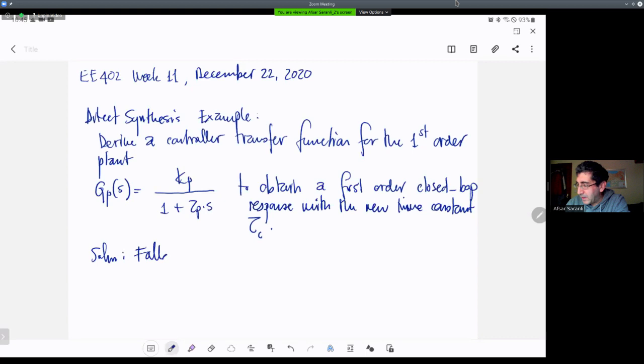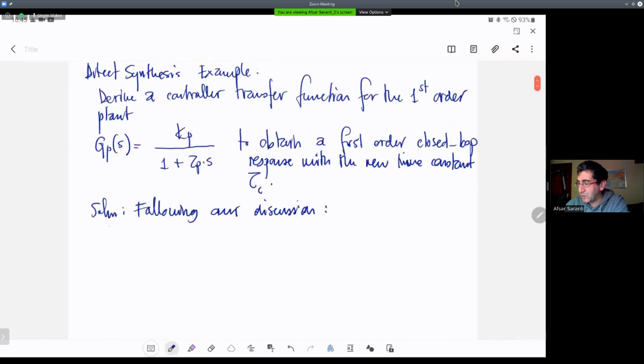Basically, following our discussion, we already derived the controller transfer function in terms of the plant transfer function, right? Gc(s) was given as 1 over Gp(s) times 1 over tau c s. Okay, let's put everything in.